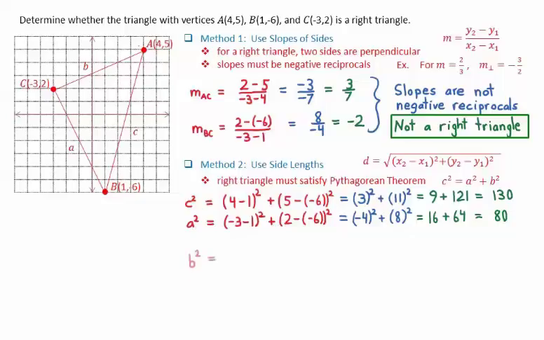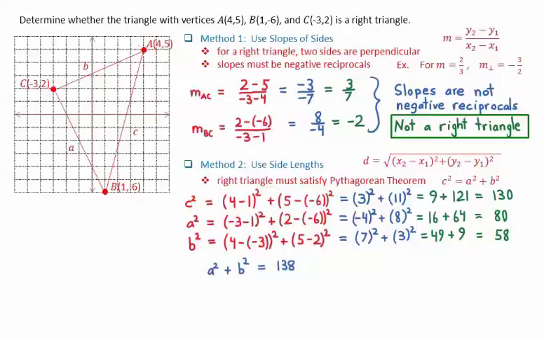Then for B², the square of the change in the x coordinates plus the square of the change in the y coordinates. This gives us 7² plus 3², or 49 plus 9, which is equal to 58 for B².